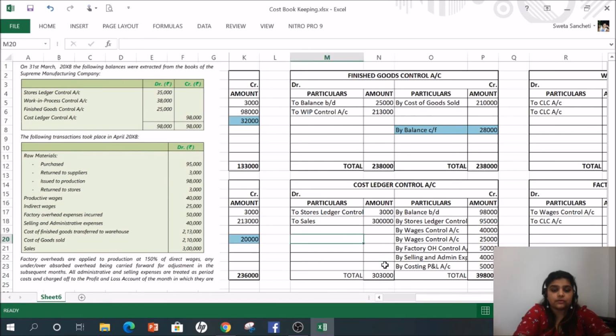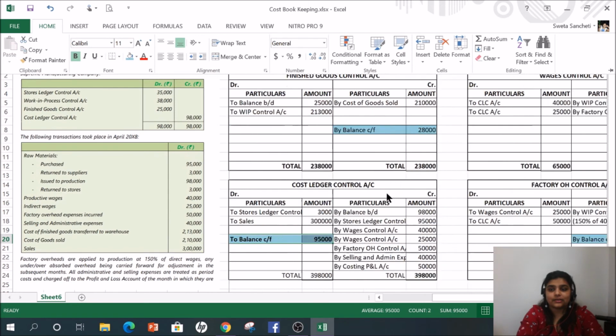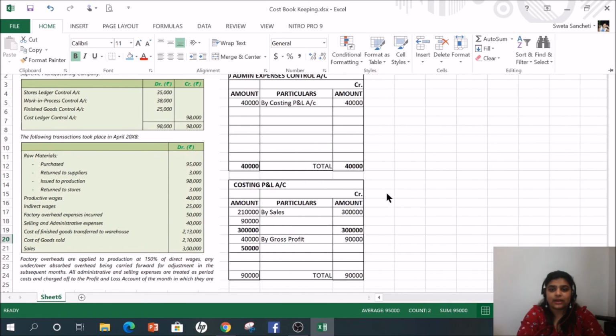So we have a closing balance here, to balance carried forward. The remaining balance, that is 95,000. So with this we have closed all our accounts. Let us quickly prepare the trial balance.